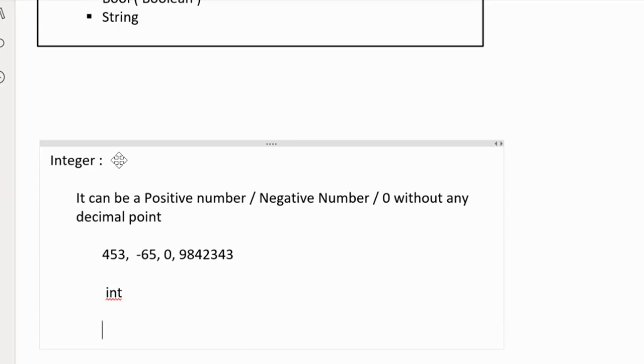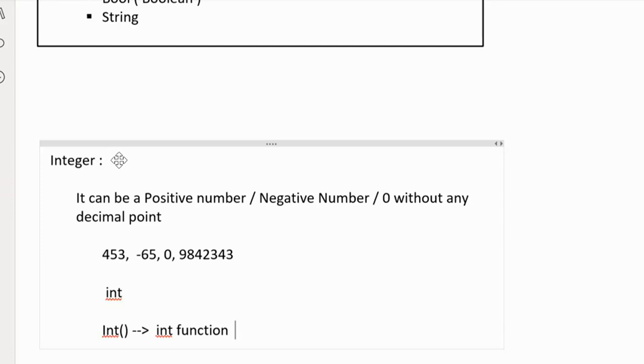If you want to convert any number into an integer, we have a function called the int function. Now, what does this do? It will convert any other form into integer. That is the purpose of the int.